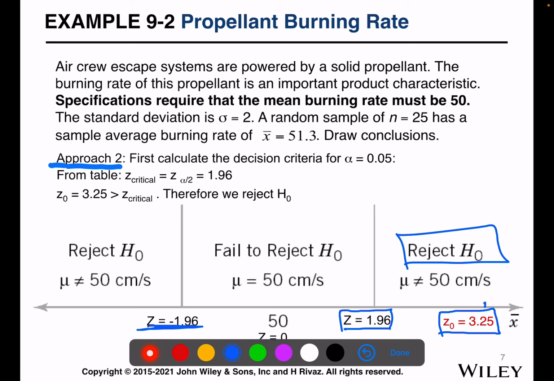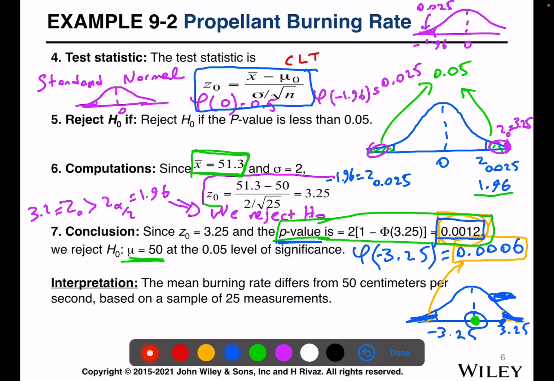The final conclusion that we can say after step 7 is that we reject H0 with a p-value of 0.1%. And I agree with you, the way it's phrased is a little bit misleading.